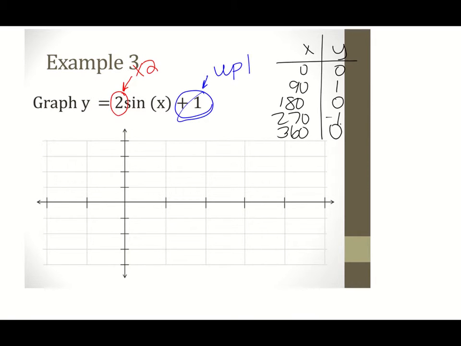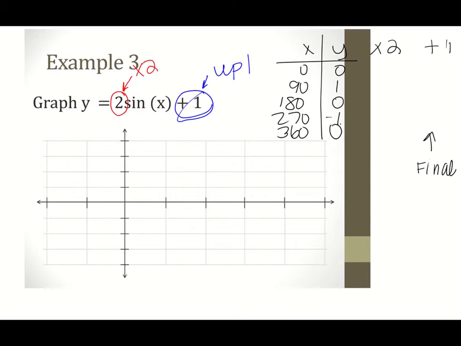This is where I start, multiply by 2, move up 1. So we always want to do multiplication before addition, just like order of operations. We could also make our points here on our table. We could multiply by 2, then add 1, and graph those final points. So if you want to use the table, go ahead and use the table.